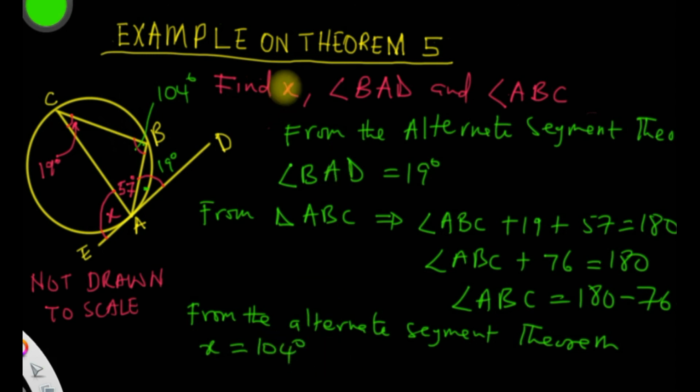So that is it. x is equal to 104, angle BAD is equal to 19 degrees, and angle ABC is equal to 104 degrees.